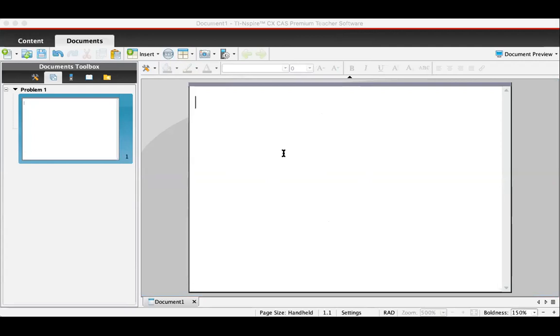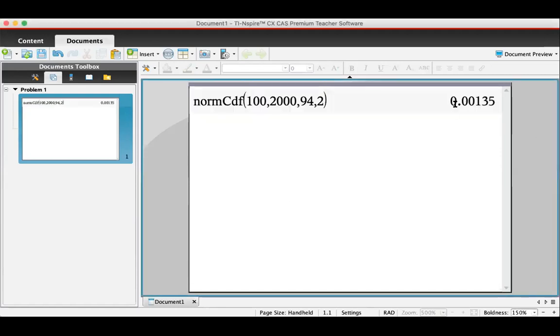The upper bound, just pick some arbitrary big number, say 2000. The mean was 94, and the standard deviation was 2. Hit OK, and you can see how nice this is. There's the probability, 0.001. So it works out really fast.